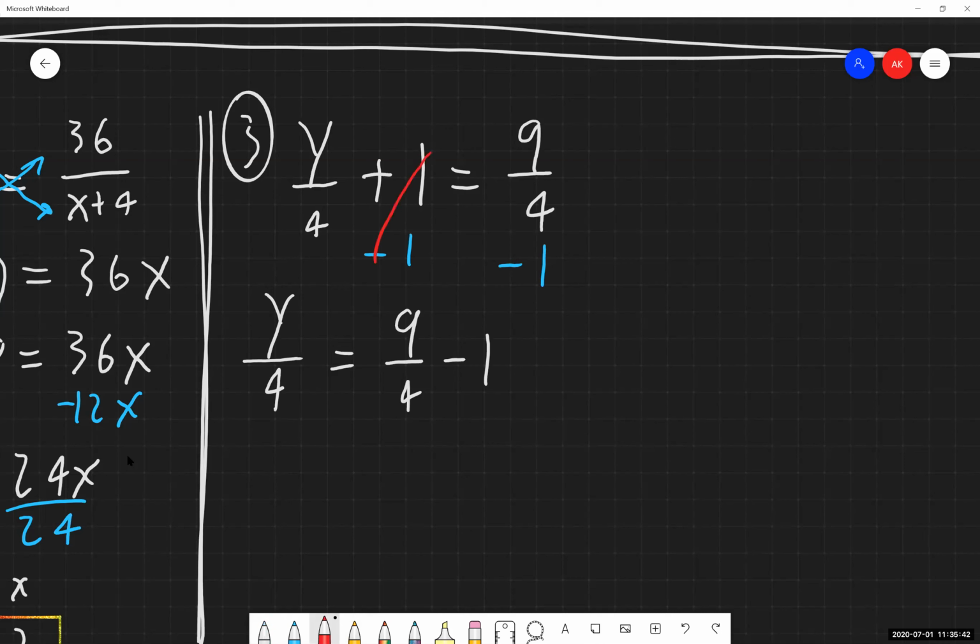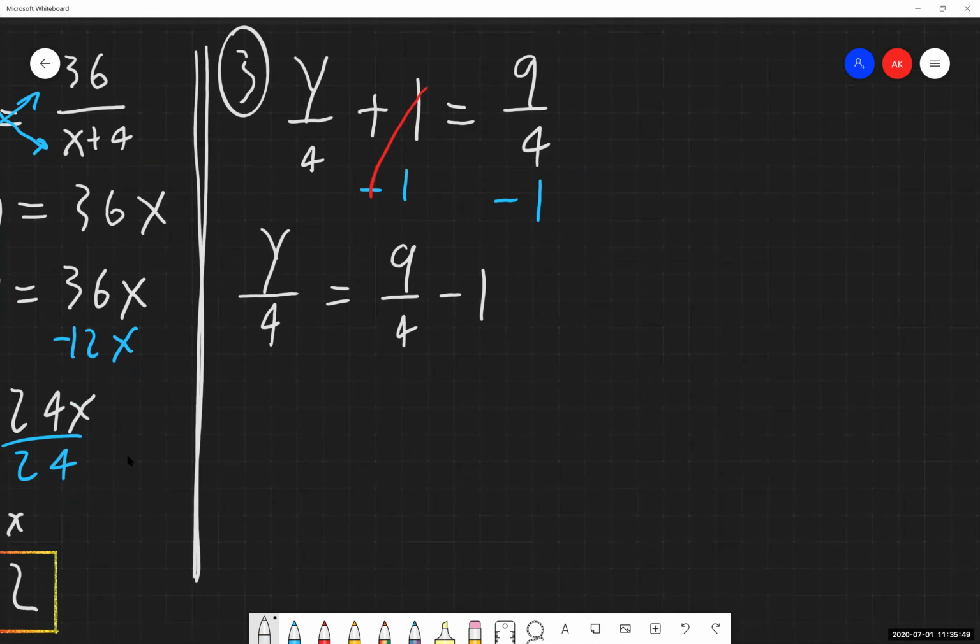So I have 9/4 minus 1. Remember that when we are adding or subtracting fractions together, we need to find a common denominator. The lowest common denominator between 9/4 and 1 is 4. So I can rewrite that 1 to be a minus 4/4.